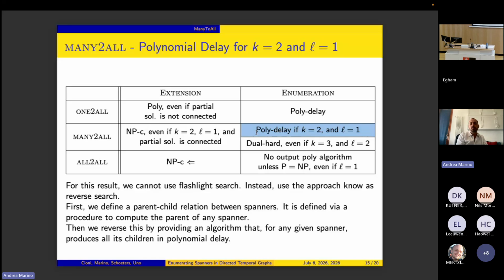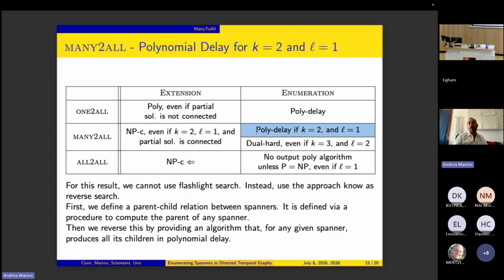And in order to provide this algorithm, what we do is apply another technique from enumeration called reverse search. Basically, reverse search is based on the construction of a graph of solutions that you don't build explicitly, but is implicit. This graph of solutions is characterized by the fact that for every solution, for every spanner in our case, there is only one parent.